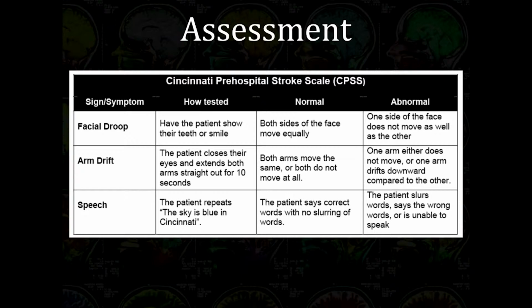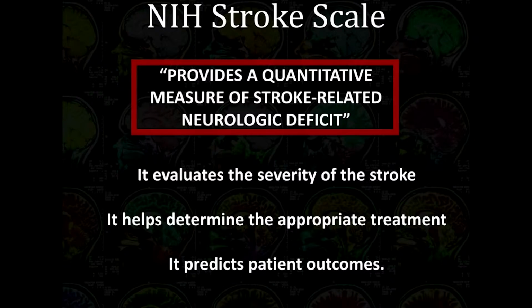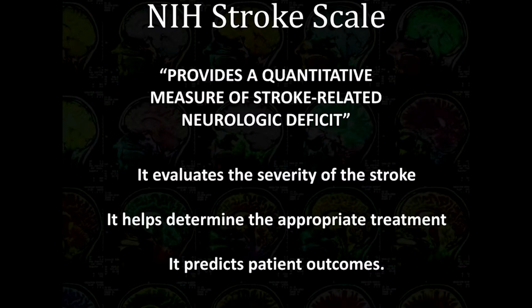But we know that we need a more extensive assessment once we're in the hospital setting. And that's where we look at what's called the NIH stroke scale. Really, it's all about quantitative measurements of stroke-related neurological deficit. So it's a great evaluation for severity. It looks at the best approach for treatment, and it's a great predictor of outcomes.